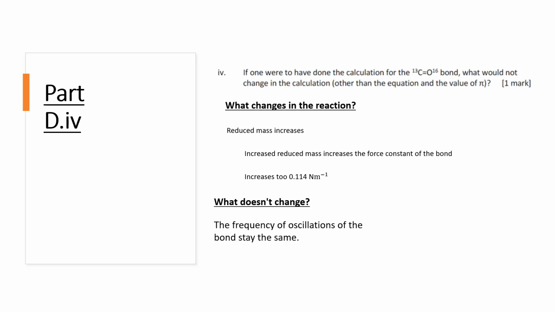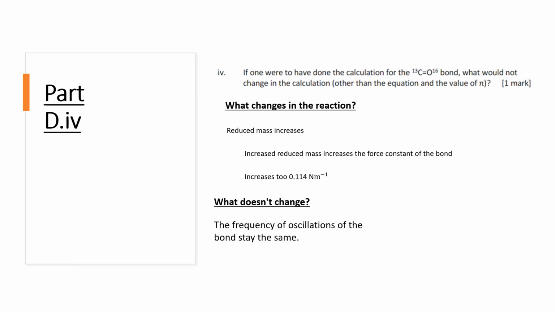The final part of the final question, part D4, asks: if one were to have done the calculations for the carbon-13, oxygen-16 bond, what would not change in the calculation? It excludes the value for pi and the actual equation. So firstly, what changes in the reaction?